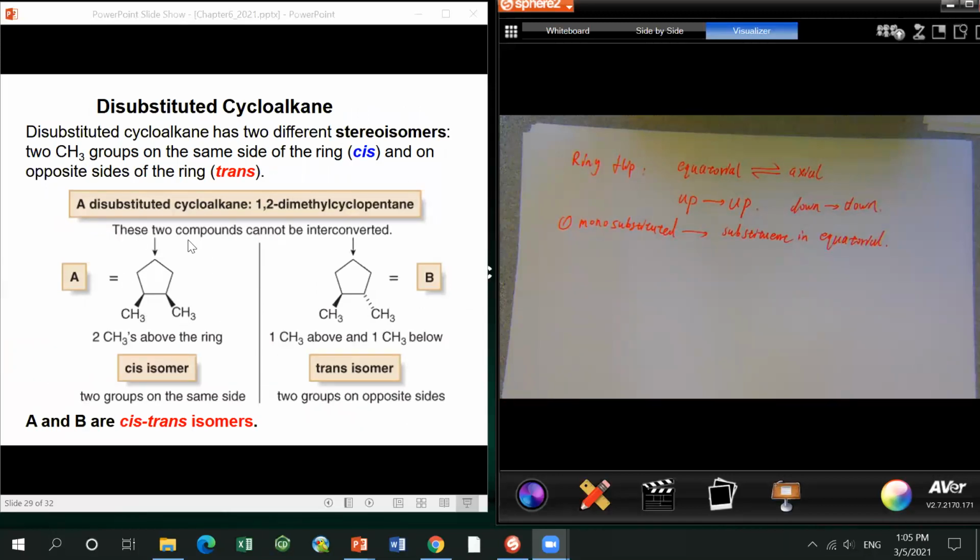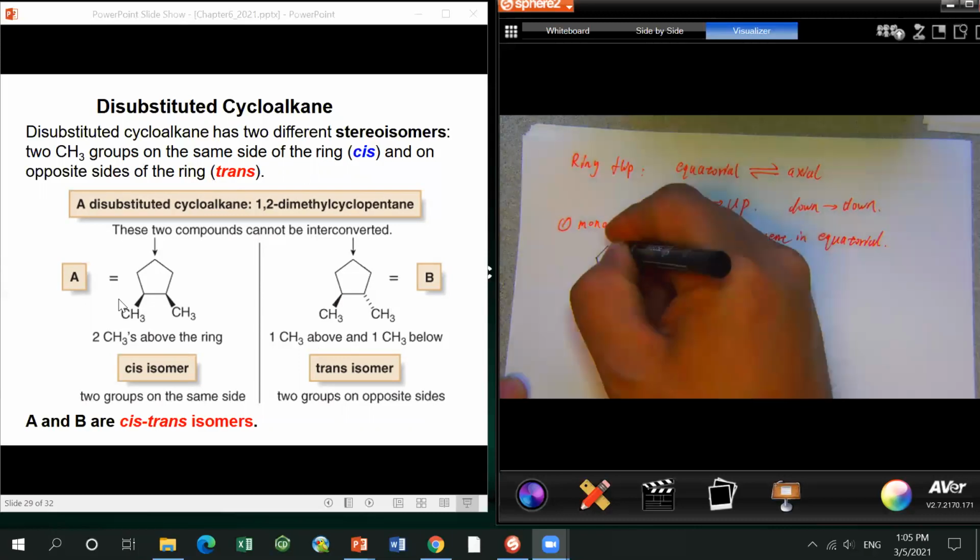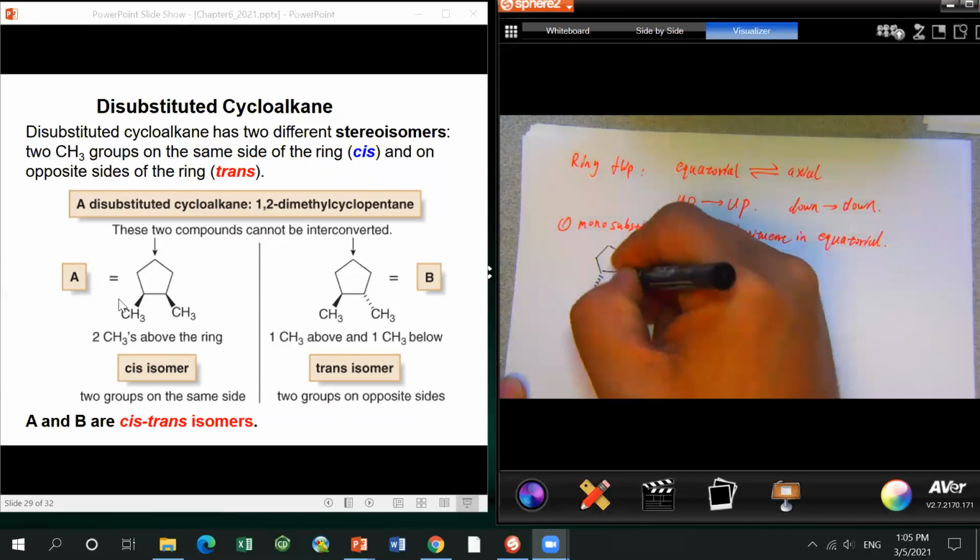And here's the cis 1,2-dimethyl cyclopentane. This one's the trans 1,2-dimethyl cyclopentane. Those two are actually a pair of stereoisomers. For the cis, you can also draw it this way, with two dash bonds, that's the same thing.